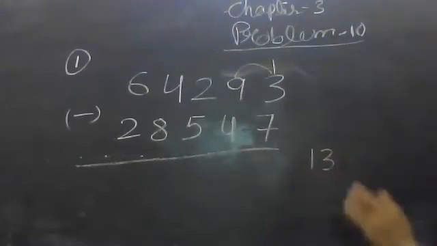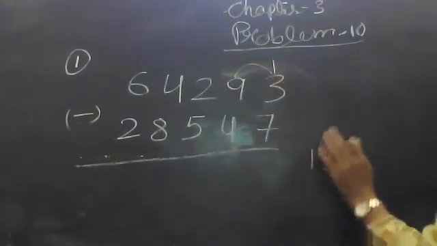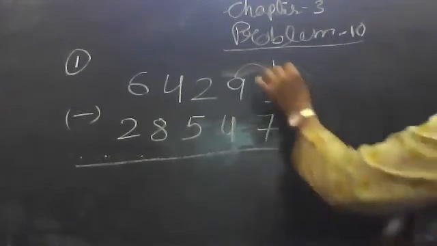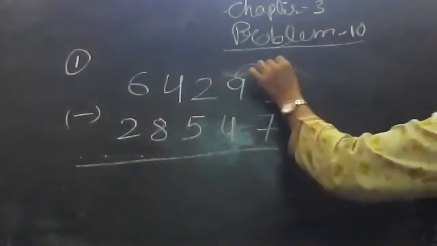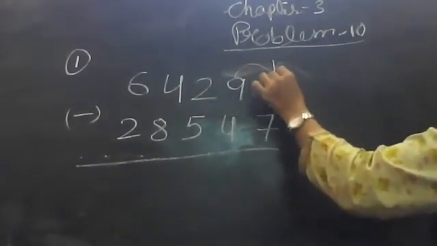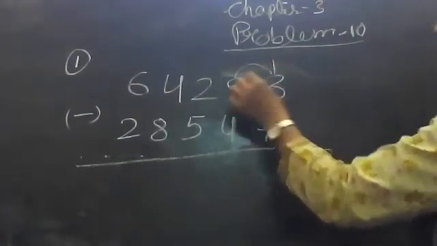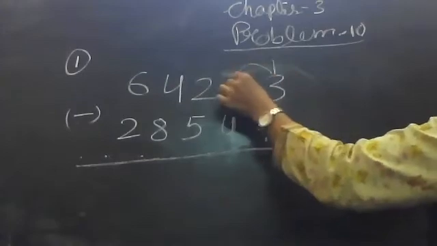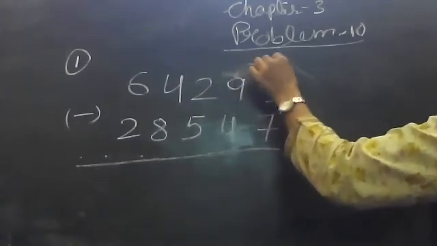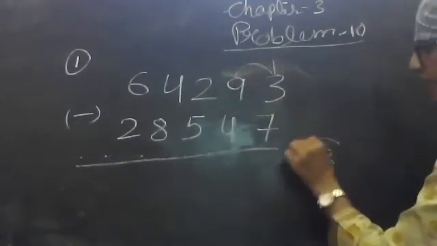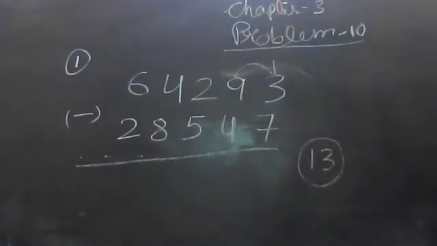Like this. So it becomes 13. For your convenience, I'm putting 3 also. Treat this as 10 plus 3, it is 13. Or simply you can borrow 1 and 3, like this way you can write the number 13.